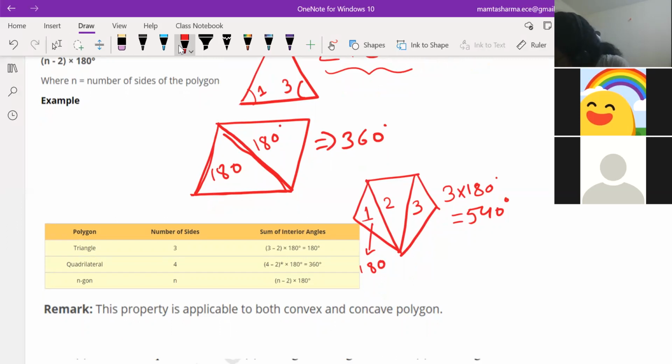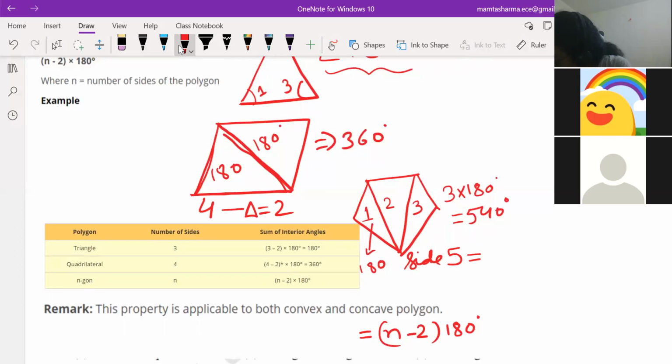From this concept, we can derive a formula that for any polygon with n sides, the angle sum would be (n minus 2) into 180. See here, if sides are 4, triangles are 2. If sides are 5, triangles are 3. We can make 3 triangles inside it.